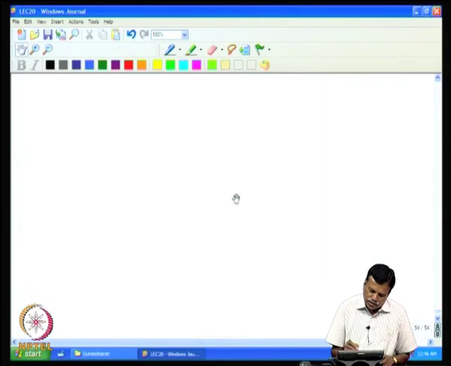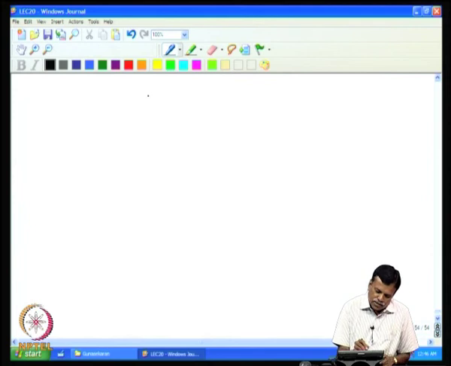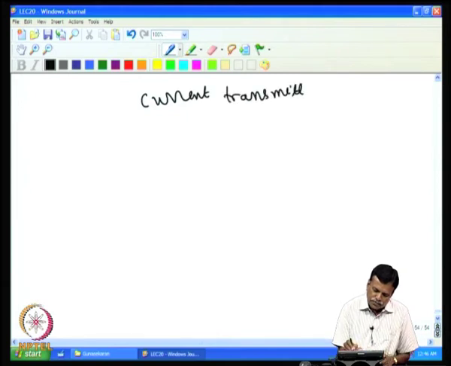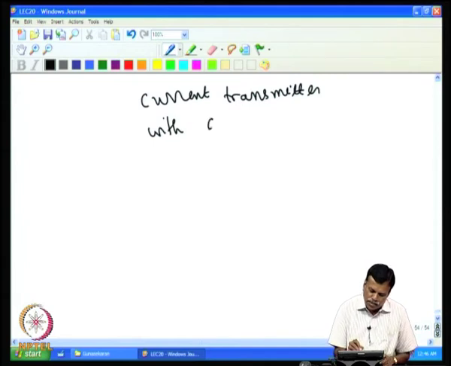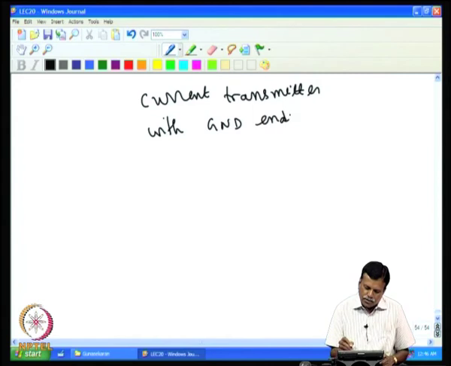So, one can use what we call a current transmitter with the ground side, the ground end, as lower potential.